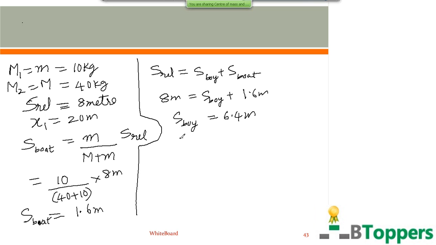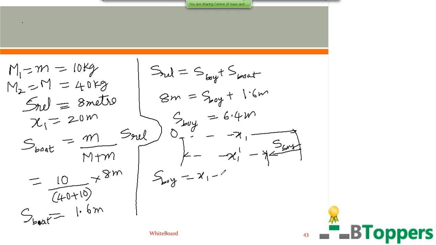If x1 is the initial distance of the boy from the shore and x1 dash is the new distance of the boy from the shore, choose the origin at the shore. The magnitude of the actual displacement of the boy towards the shore is equal to x1 minus x1 dash.